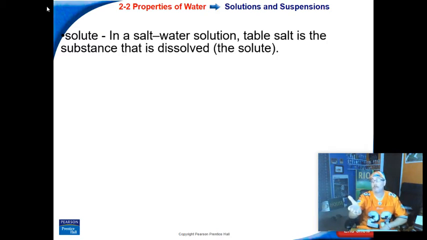Sugar is a better example. When you add sugar to your coffee, personally, I drink coffee black. I like the flavor. I don't need the sugar and I don't need the milk. When sugar dissolves in the coffee, sugar would be the solute. And of course, you can't see the sugar molecules after they dissolve. So we're talking solution, not a mixture.